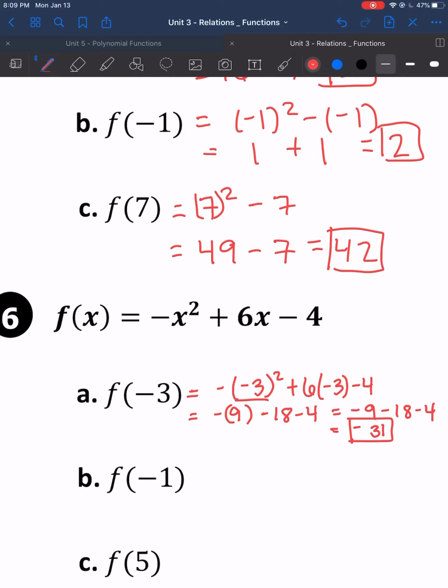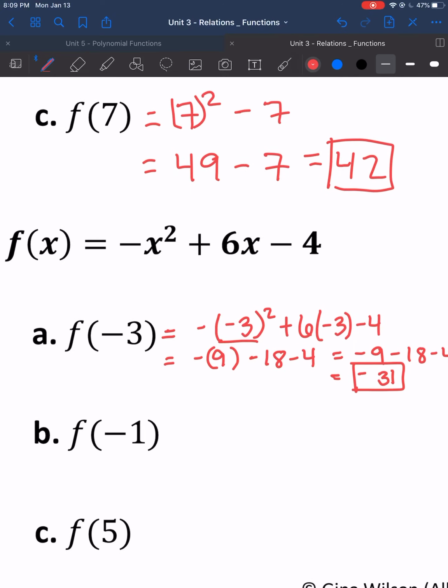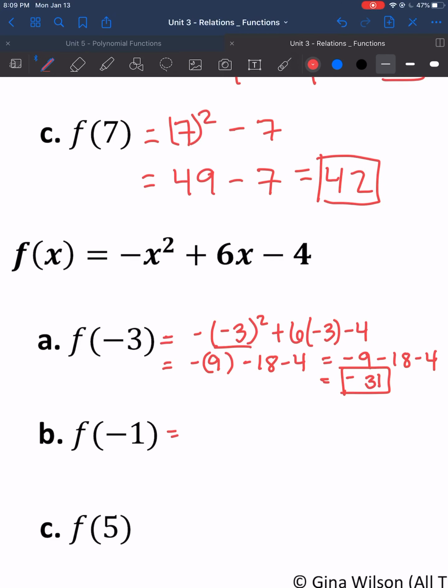All right, and then I need to do f of negative 1. So I'm going to do negative 1 squared plus 6 times negative 1 minus 4. Once again, I'm going to start with my exponent. Negative 1 squared gives me 1, but bringing down that negative gives me a negative 1. 6 times negative 1 is negative 6, minus 4.